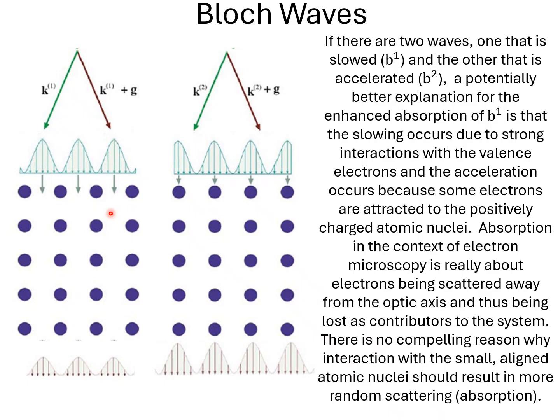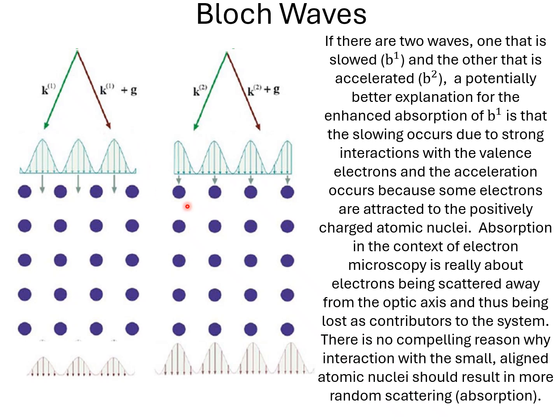It's because the electrons are scattered out away from the optic axis. They're scattered into the sides of the microscope. So absorption in that context is really more scattering.